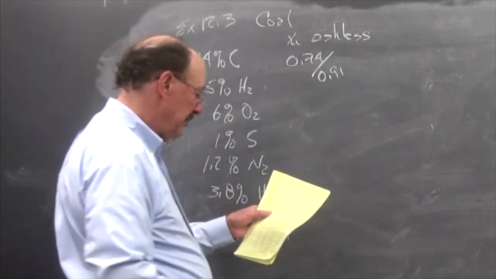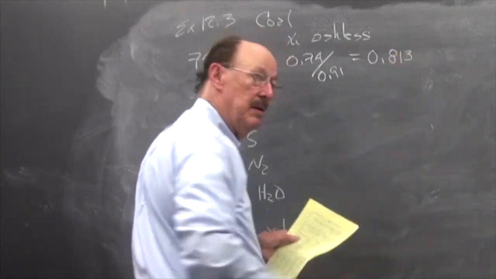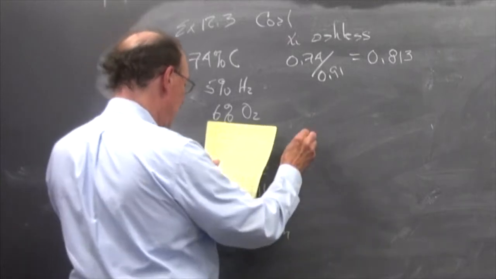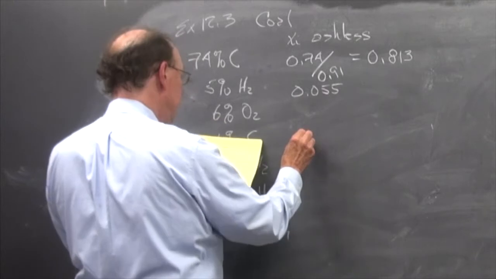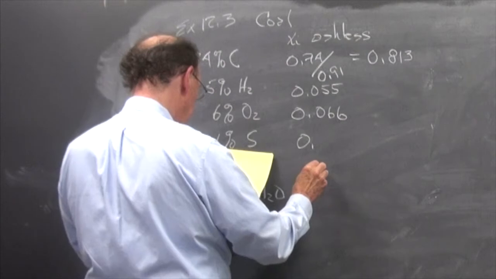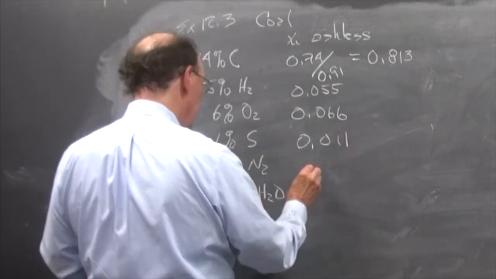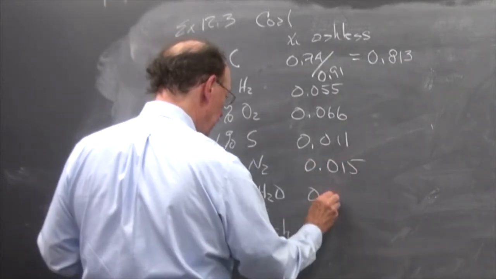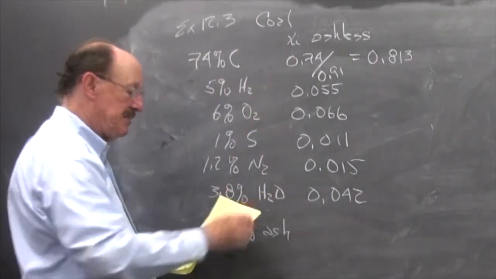I got rid of that. So this is 0.813. So with it, now I'm going to do the same calculation, but I'll write these all out, I'm not going to do it here. 0.055, so this is right in the text. 0.066. 0.011. 0.015. 0.042. And the ash isn't there. So these are the Xi ashless.